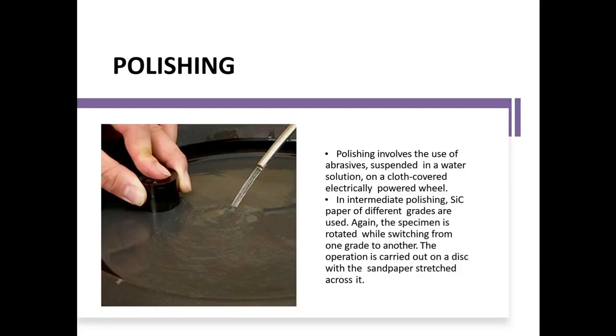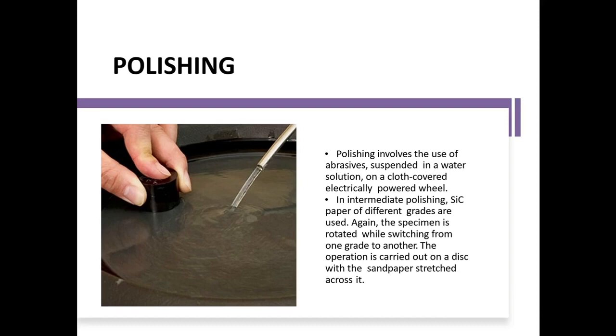The next step is polishing. Polishing involves the use of abrasive suspended in water solution or cloth covered electrically powered wheel. In intermediate polishing, silicon carbide paper of different grades is used. Again, the specimen is rotated while swinging from one grade to another grade.